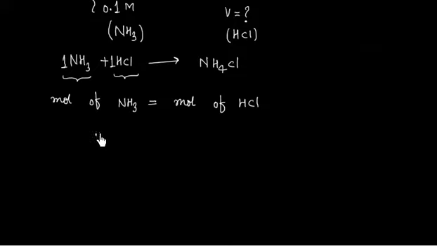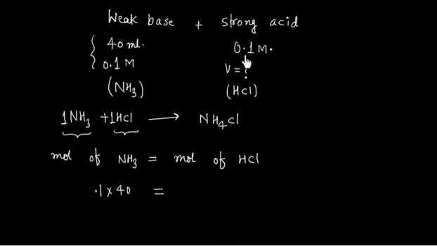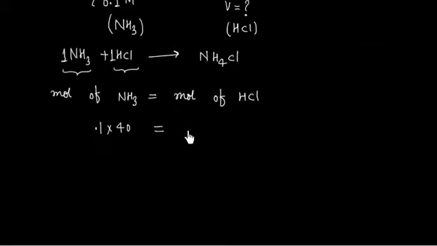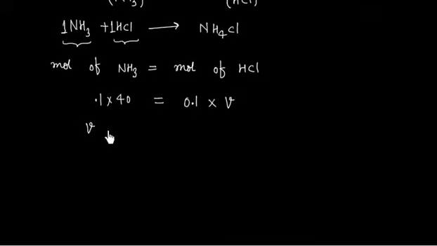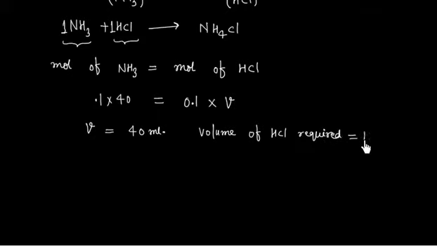Molarity is 0.1 and volume is 40, and on this side moles of HCl we can calculate by multiplying molarity into volume. So molarity is 0.1. Let us say volume of HCl is V. So from here we can calculate volume is 40 ml. So the volume of HCl required for this titration is equal to 40 ml.